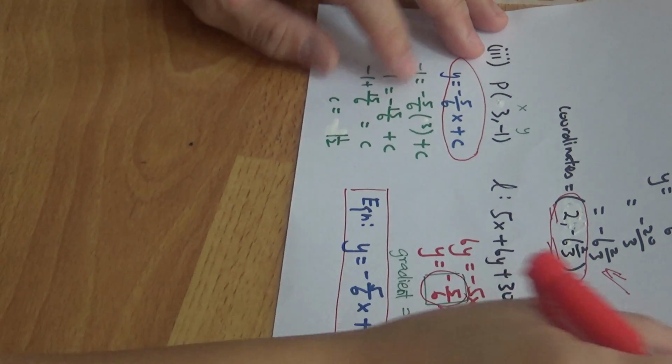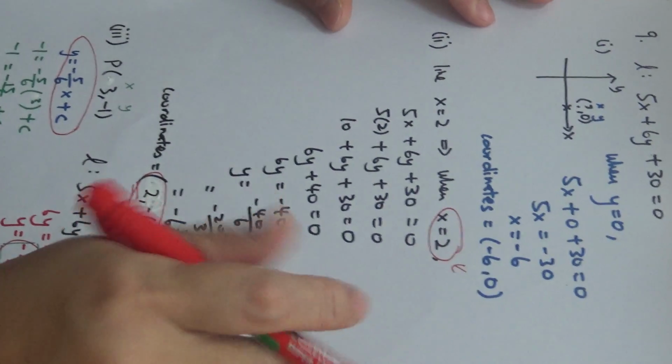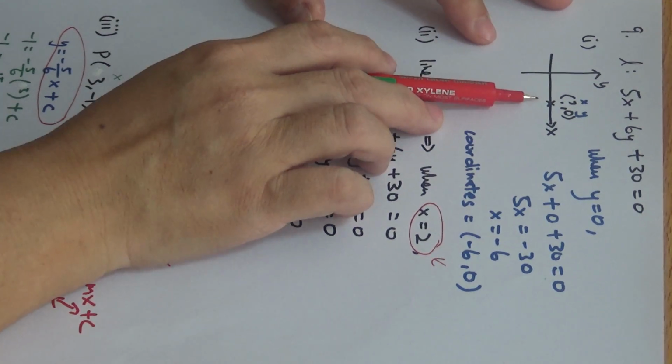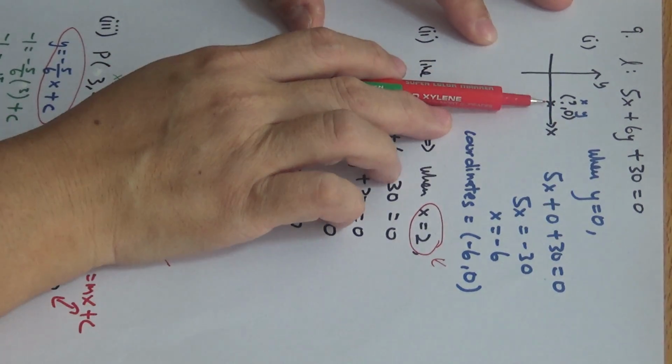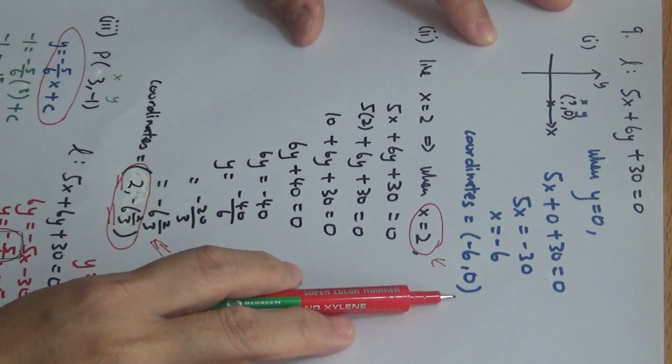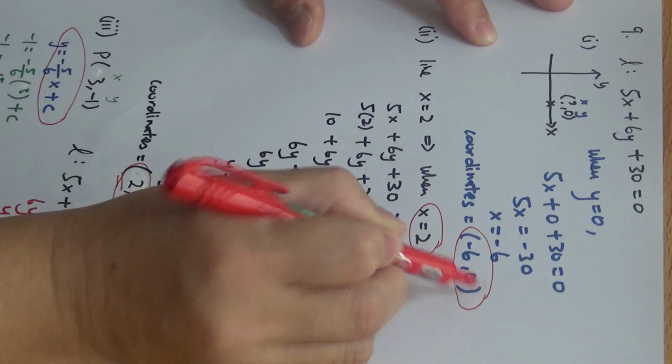Now I'm going to repeat all the parts again. Part 1, just plug in y equals 0 because it cuts through the x-axis, do the multiplication and get this answer.